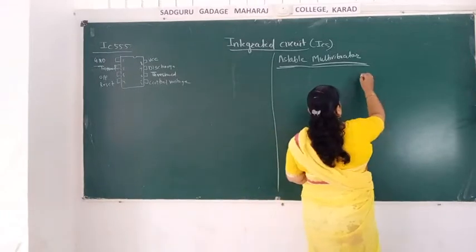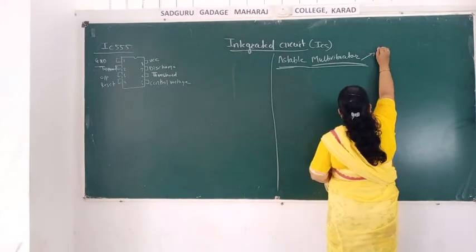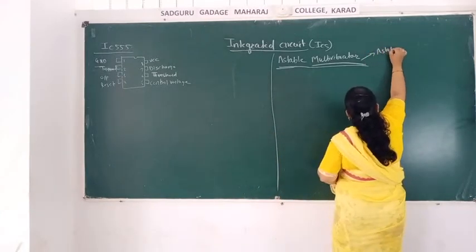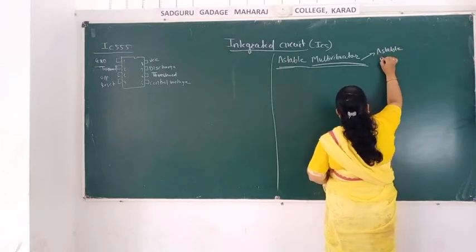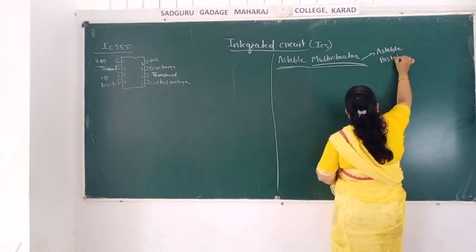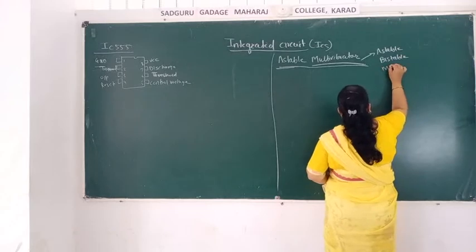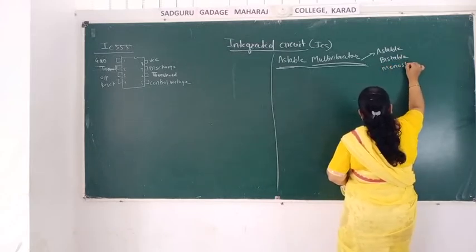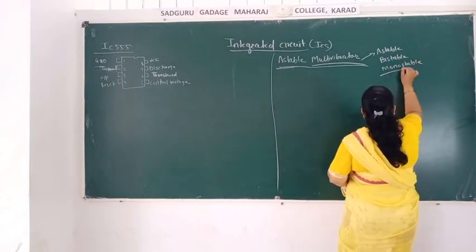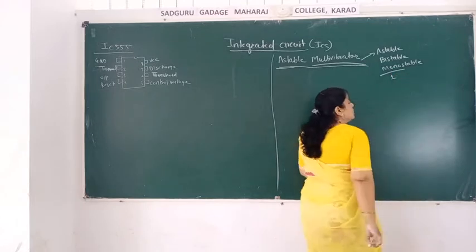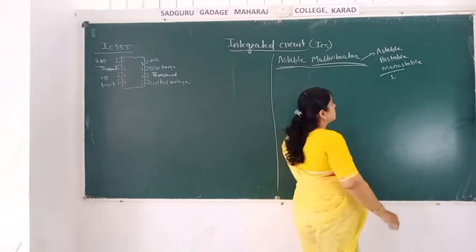These multi-vibrators are of 3 types, that is astable, bistable and monostable. Mono means which has only one stable state, called monostable.